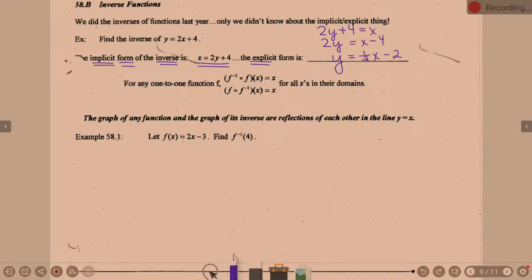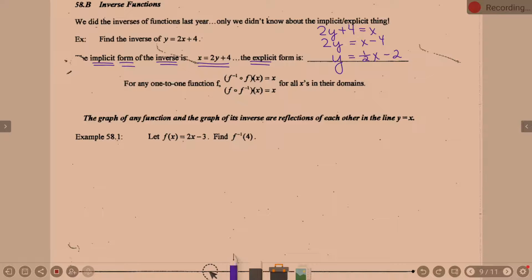The other thing that we need to review, I believe it was new in pre-cal last year, talking about what it means to be one-to-one. I know we've done it already this year in pre-cal. Okay, so when we looked at the graph, if a function is one-to-one, it passed not only the vertical line test, but it also had to pass the horizontal line test.